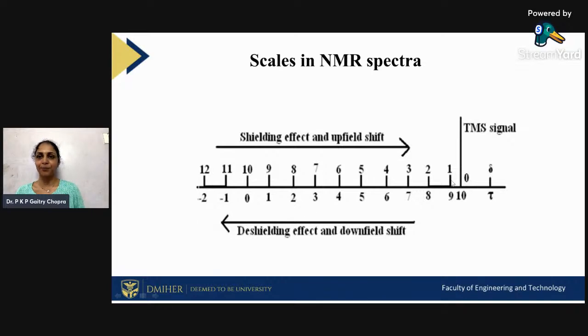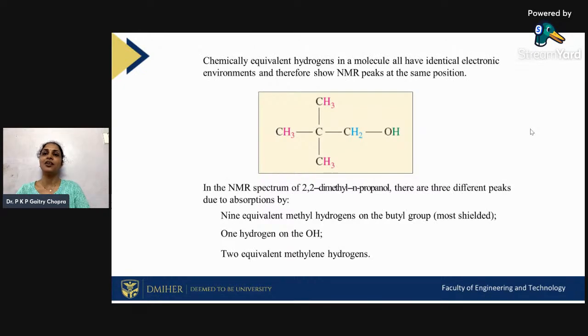So it is reversed. And at 0 there is a TMS signal, that is tetramethylsilane. Tetramethylsilane is used as a standard for the NMR spectrum. So whatever molecule you are taking a spectrum for, TMS is used as a standard. Why it is used, we'll see in the next slides. So these are the two scales in which you will find your spectra.